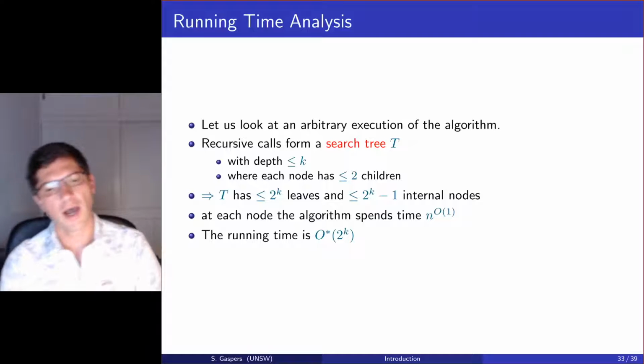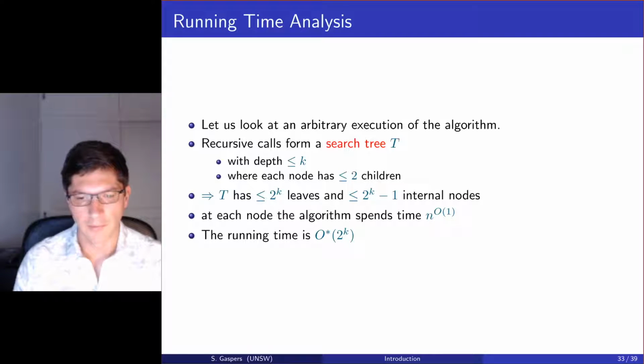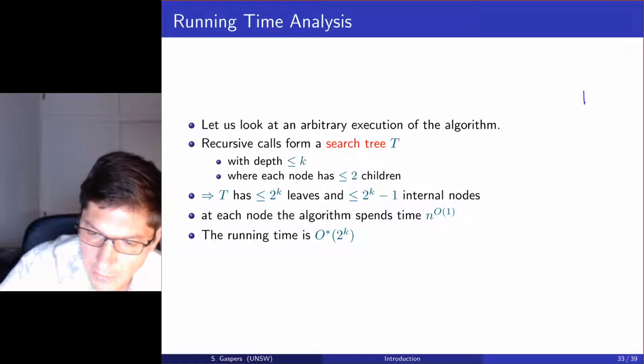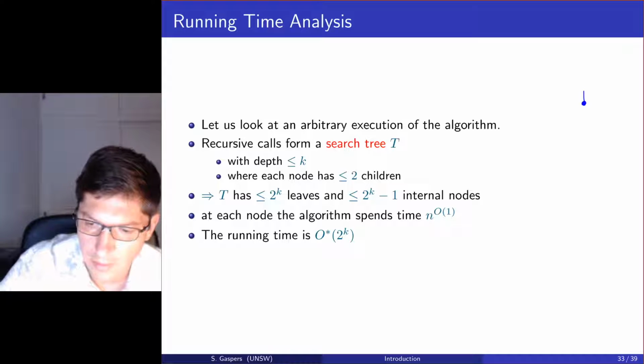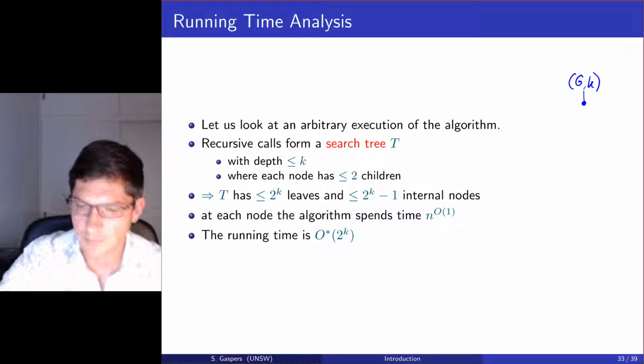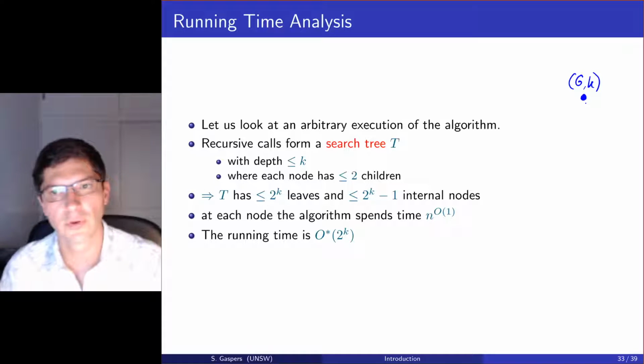Let's look at an arbitrary execution of the algorithm. G comma k is our input, and we have a node here that represents a recursive call of the algorithm.